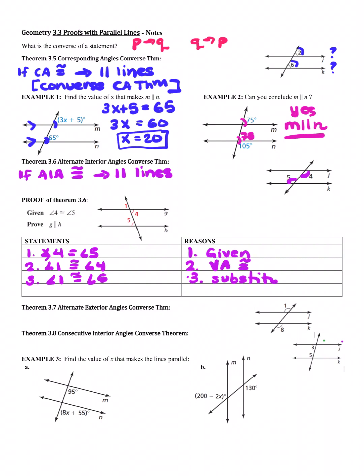So this is how most of these work. You will set up a couple relationships, and then by substitution, you'll get either your alternate interior, your corresponding, or your alternate exterior congruent by substitution. Now that I have what I know to be corresponding angles as congruent, I can conclude that the two lines must be parallel.